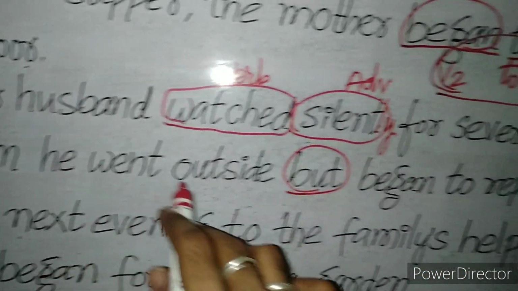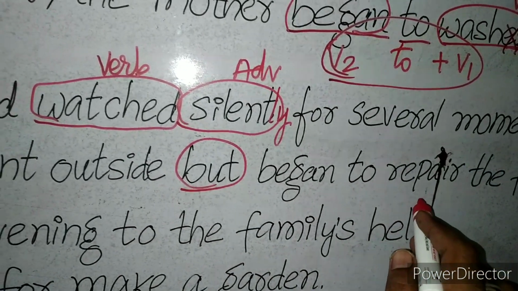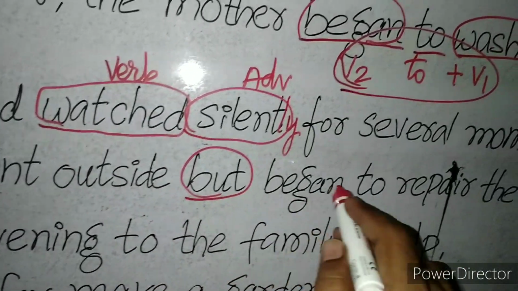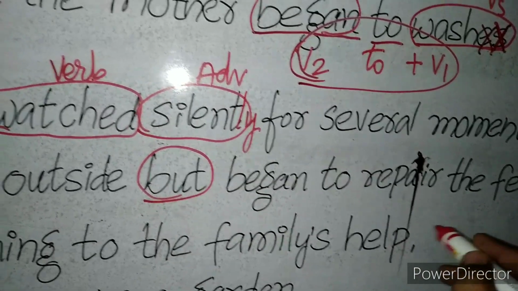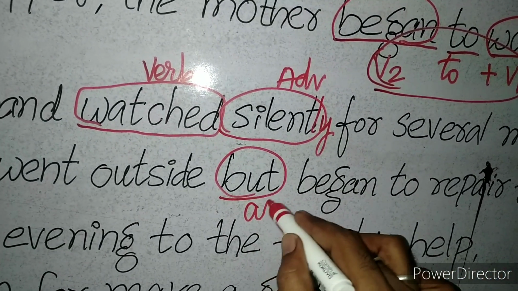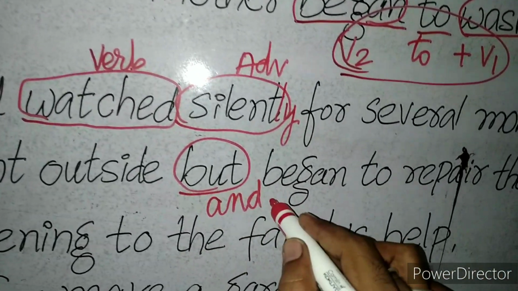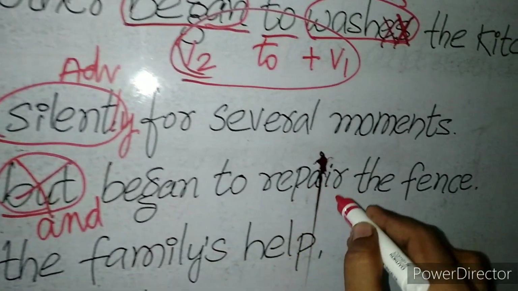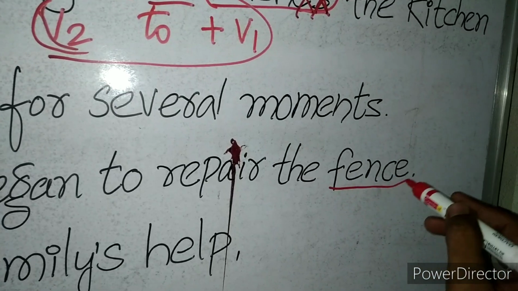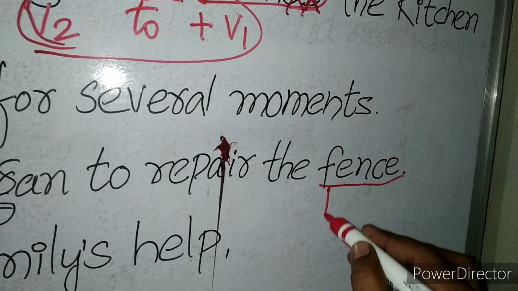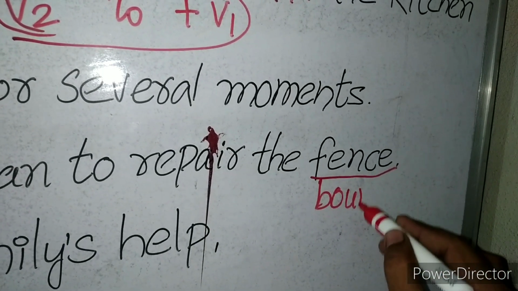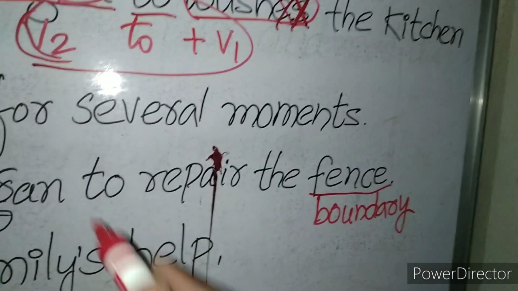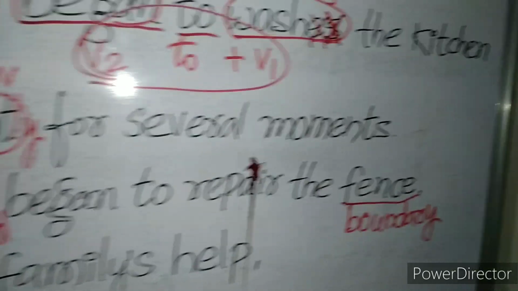But here the whole sentence is positive. Then he went outside and began to repair the fence. Here the answer is and, not but. Began to repair the fence. Here fence means boundary. Got it? Fence means boundary.